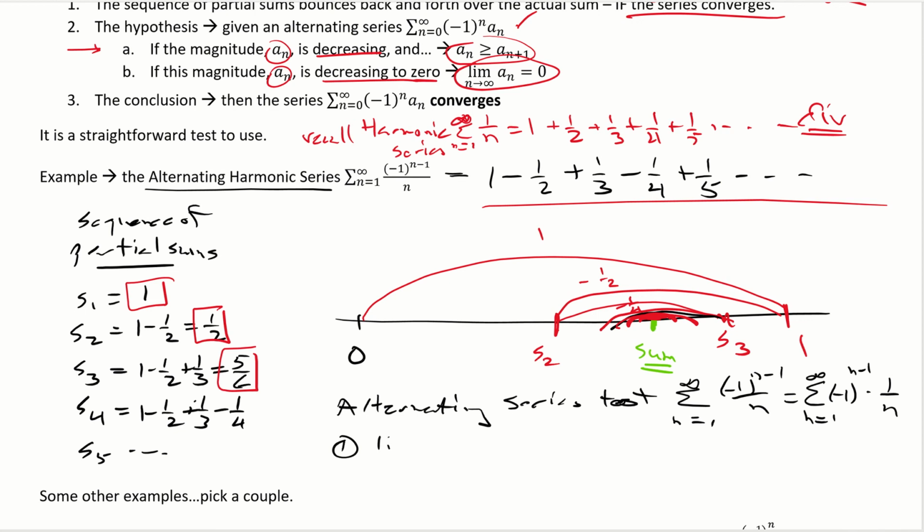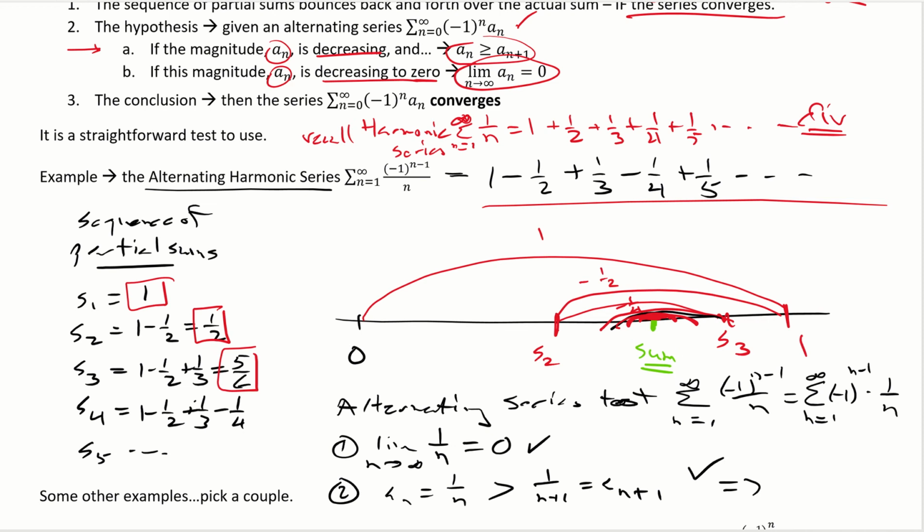So number 1, the limit as n goes to infinity of 1 over n is 0. So it is going to 0. Number 2, a sub n is equal to 1 over n, but 1 over n plus 1, that is a sub n plus 1. It's got a bigger denominator, so it's smaller, decreasing.